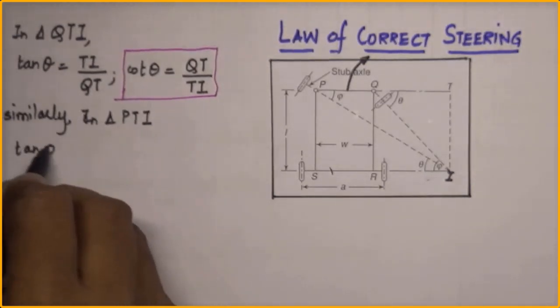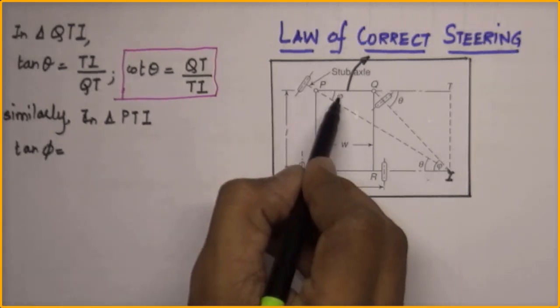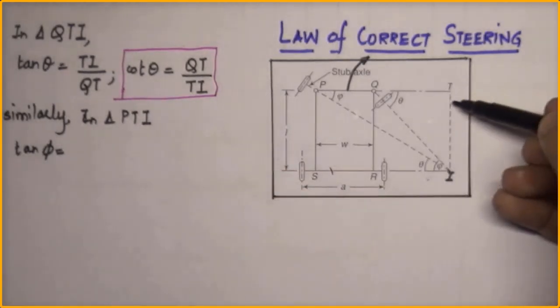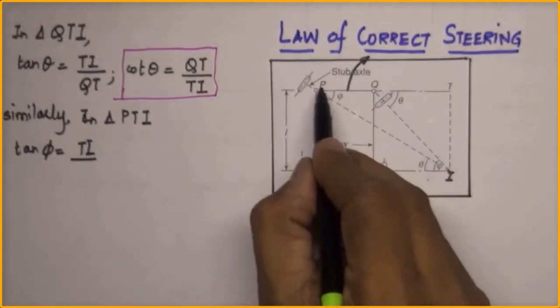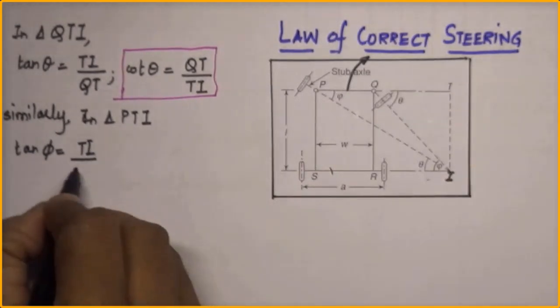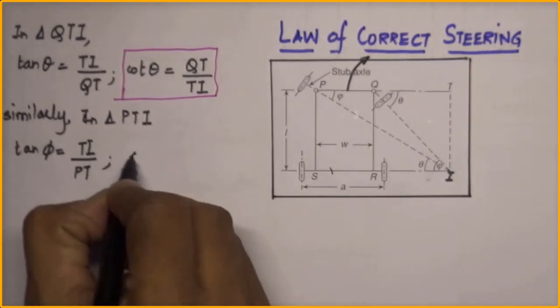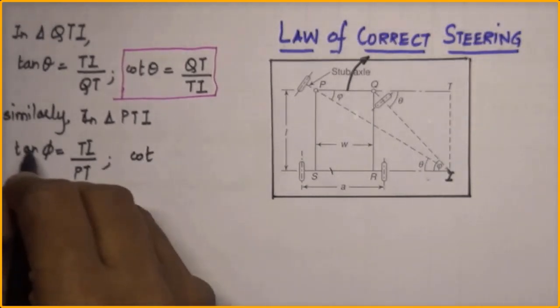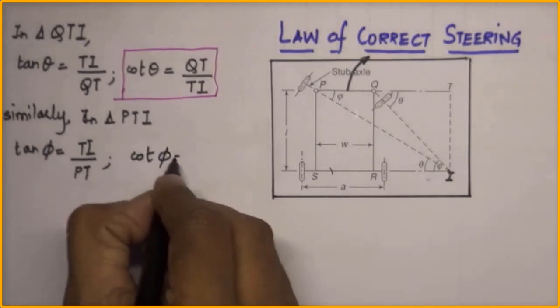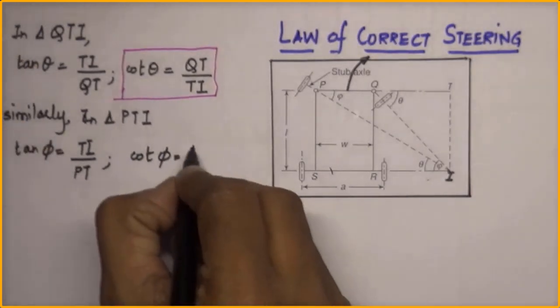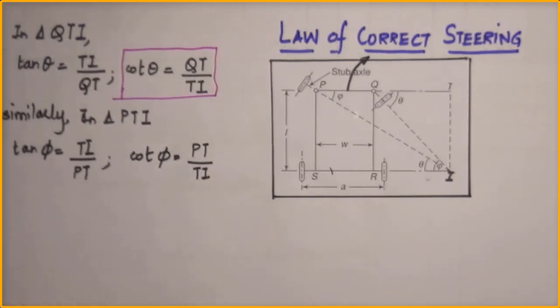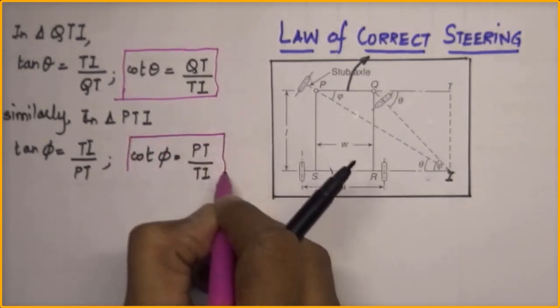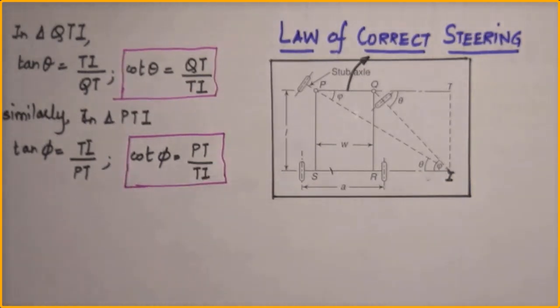If I consider tan of the angle phi here, it would be opposite side TI divided by the adjacent side PT. Same reasoning, if I consider the reciprocal of this, the cot phi would look like PT divided by TI. Now, this is the geometry of your chassis or of the vehicle.